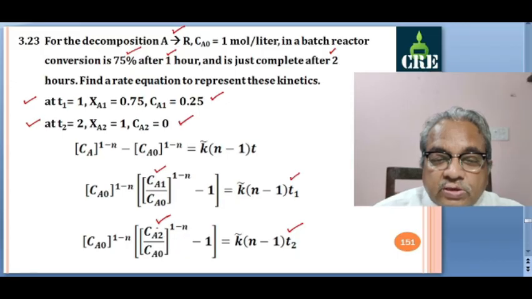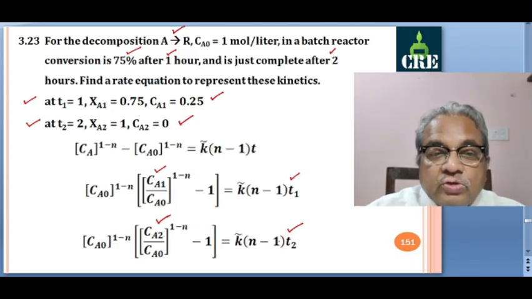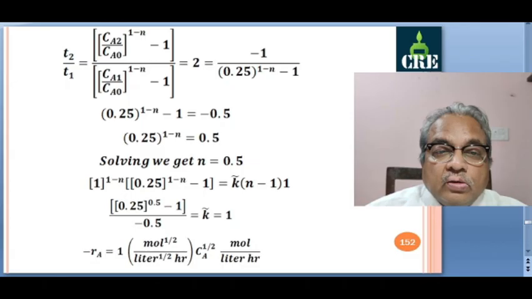Similarly, for the second case, Ca2 by Ca0 raised to 1 minus n, and this is equal to k bar n minus 1 into t2. So we have these two points. If I take the ratio of t2 by t1, this is 2 by 1, that is 2, and substitute these values.